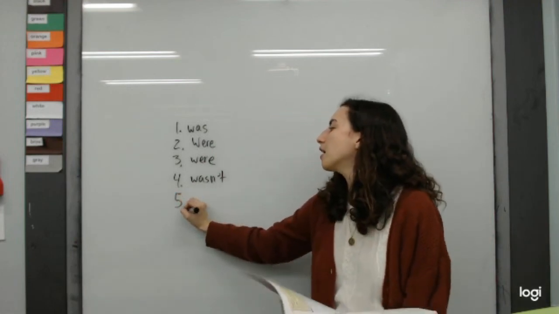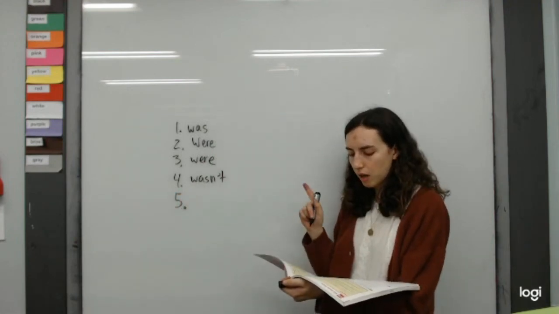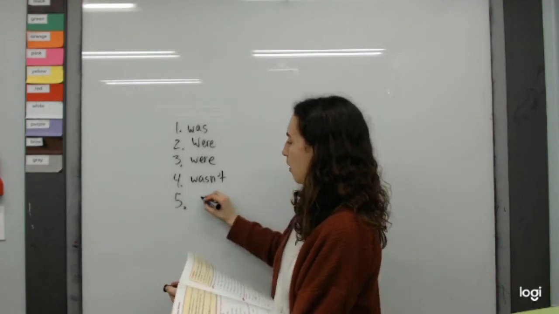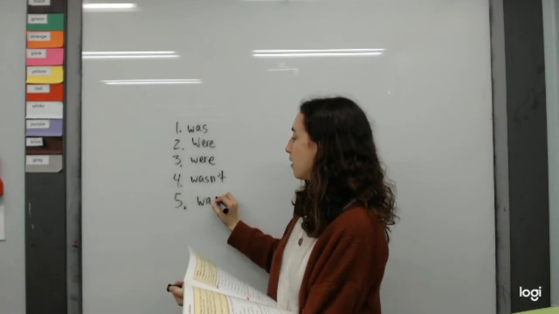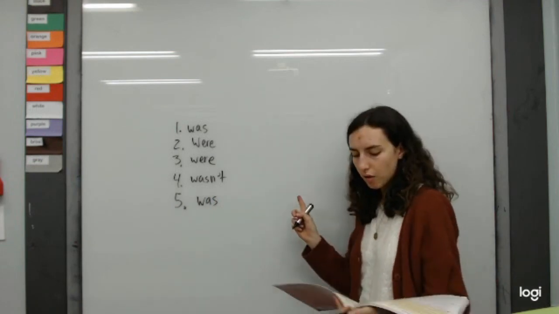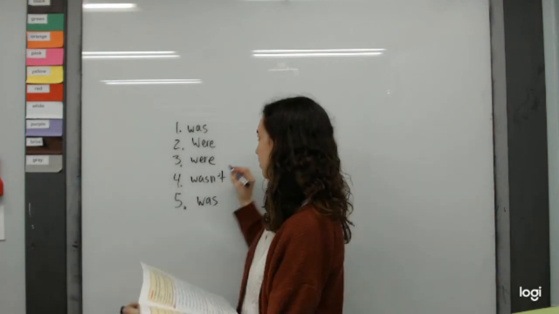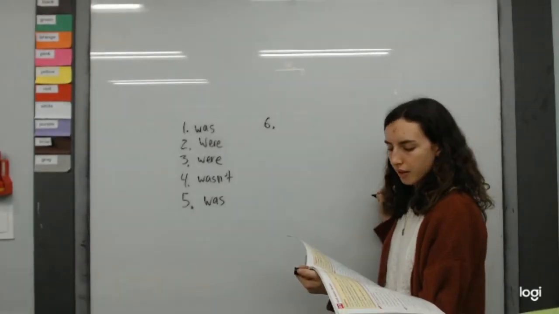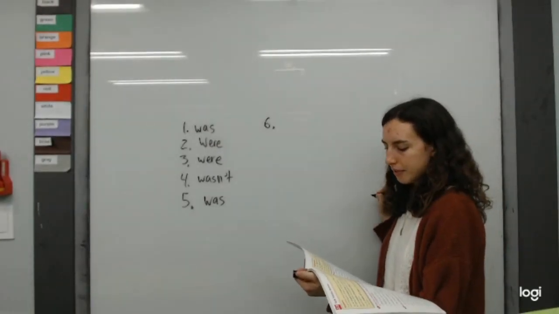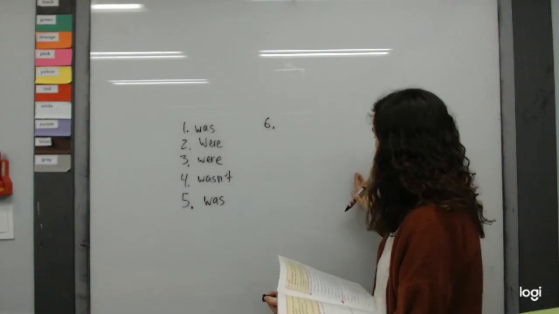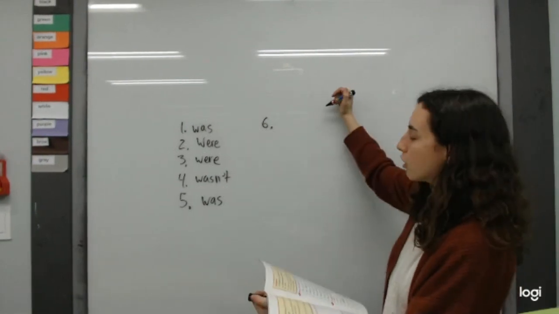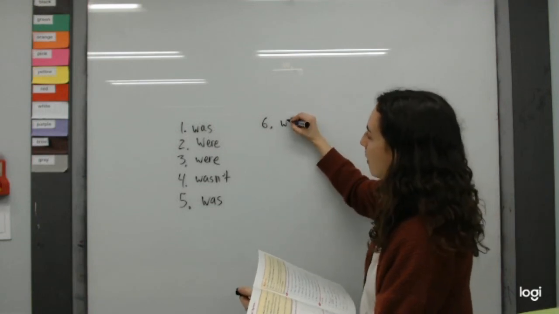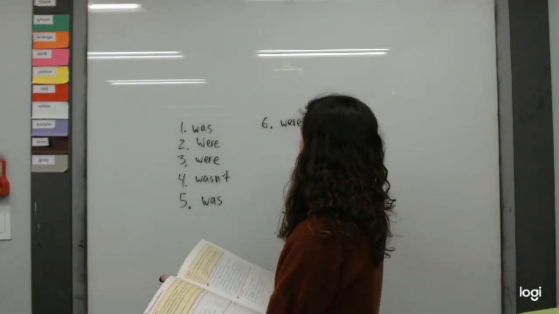Email is a non-count, so we will say one wasn't. Next one, where your father born? Born again, past, and father is one, so was. He was. Next one. On 6, there any telephones? Telephones are many. 200 years ago. 200 years ago is past, and we have many, so we can say there weren't.